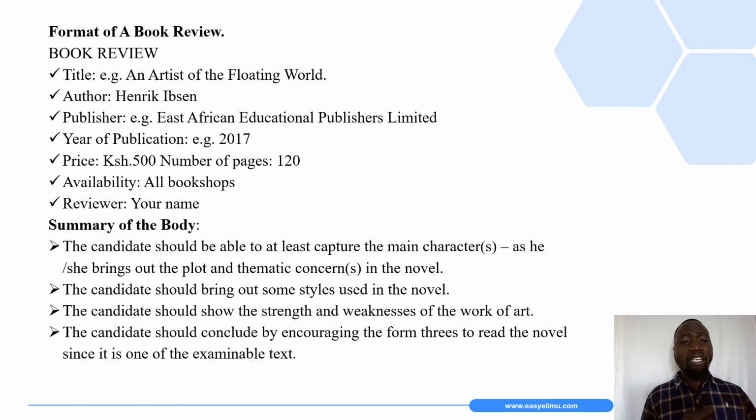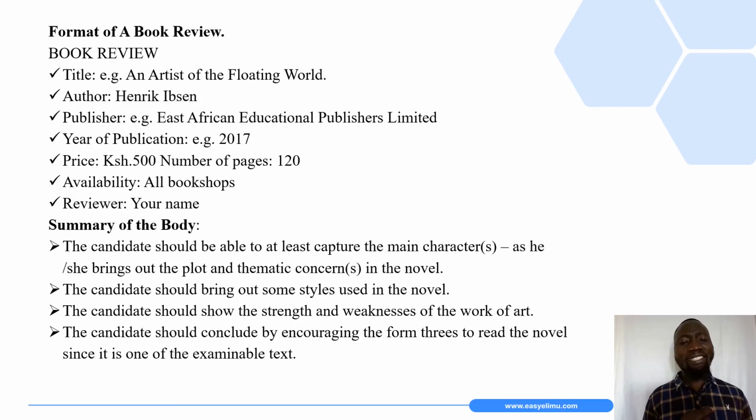And after writing the publisher, you move straight to the year of publication. So if the book was published in 2017, 2018, 2019, you state under the year of publication. Then another detail that you're also allowed to include is the price.